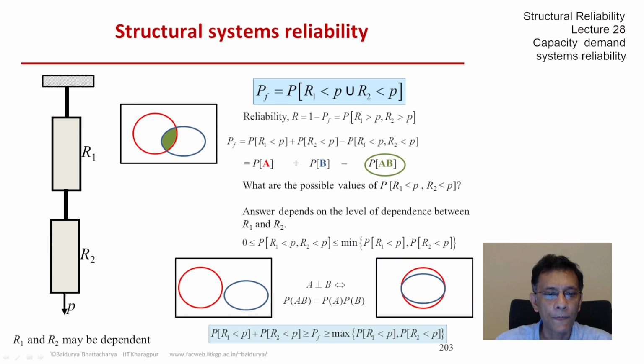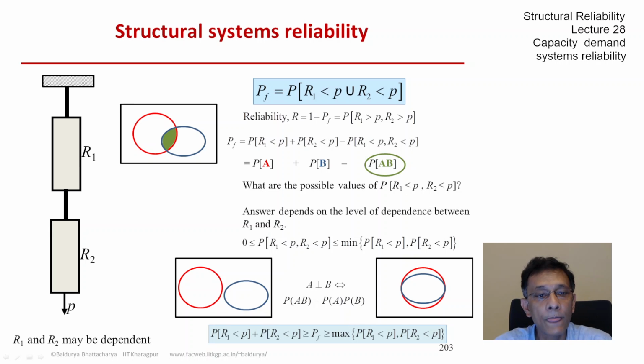So without really knowing anything specific about the dependence structure, we can at least say that for a series system like this, the probability of failure would be less than the sum of the first order probabilities and would be at least as large as the larger of the two first order probabilities.